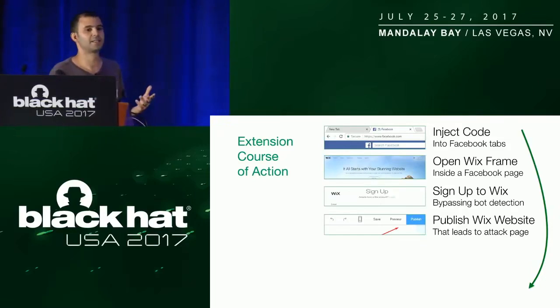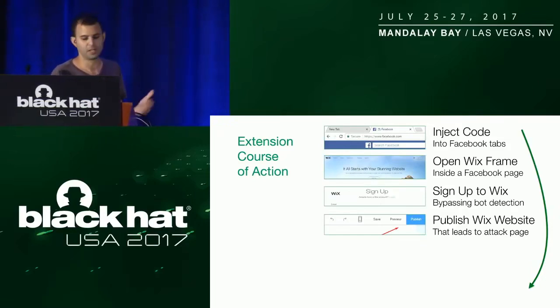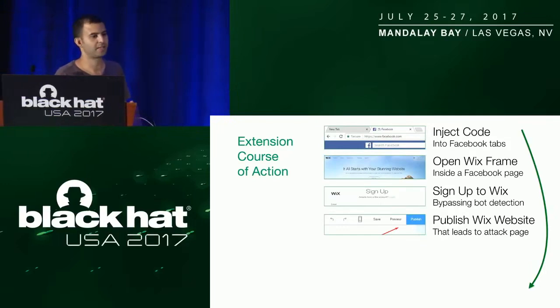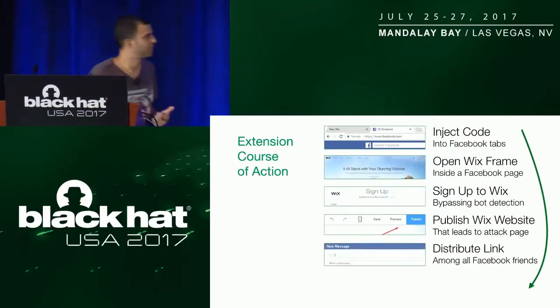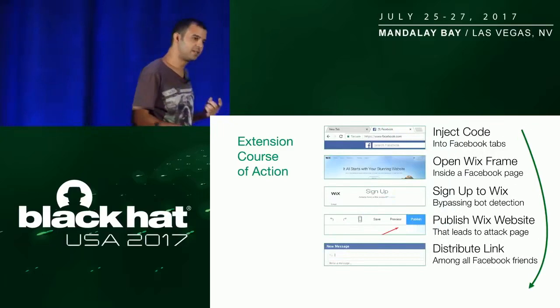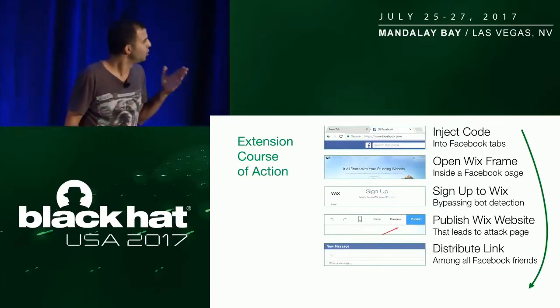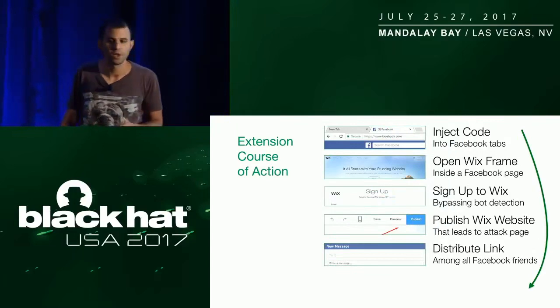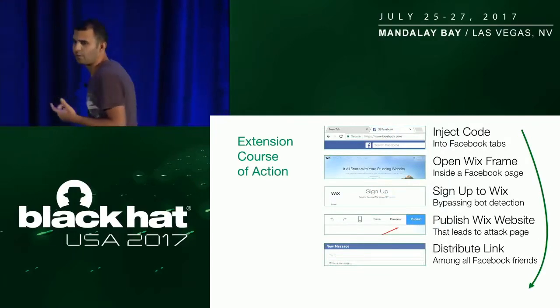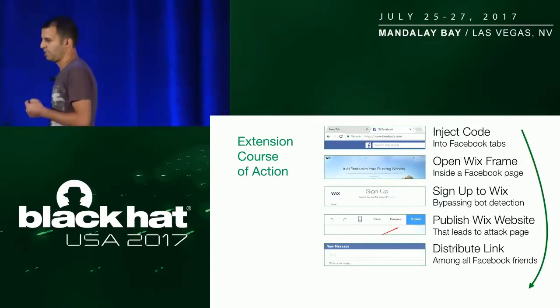This website has a newly created URL, and the extension then takes this URL, the attack page URL of the Wix website, and distributes the link among all Facebook friends of the victim, using Facebook messaging.